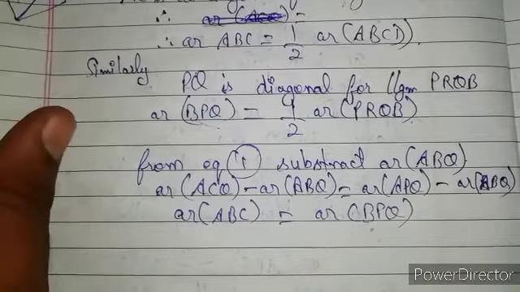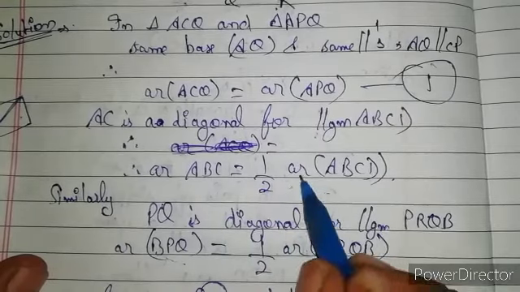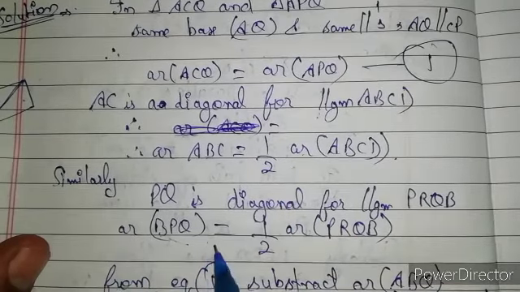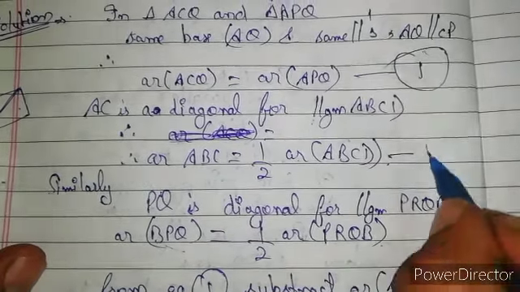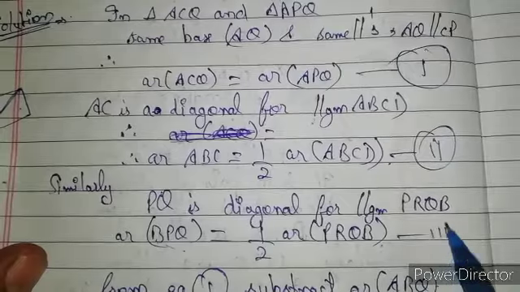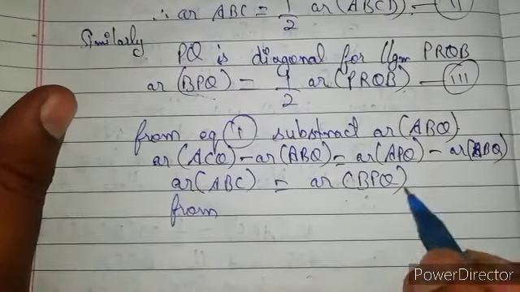Okay, but look, area of ABC is nothing but 1/2 of area of ABCD, and BPQ is nothing but 1/2 of area of PRQB. Okay, so name this as second and this as third equation. So from third and second we have the values of ABC and BPQ.